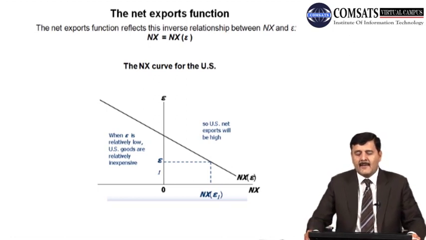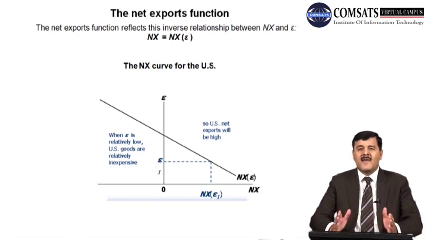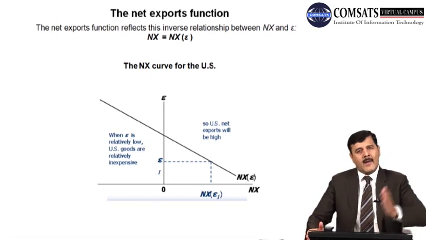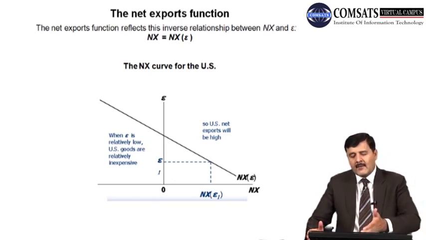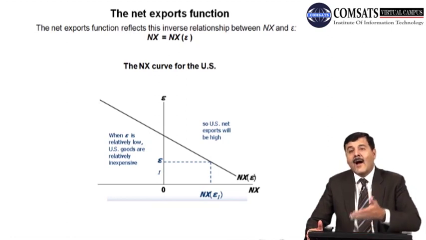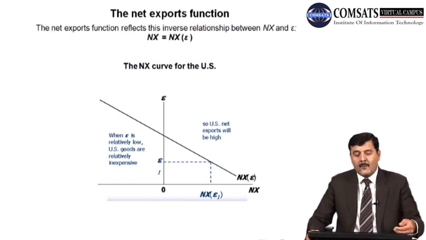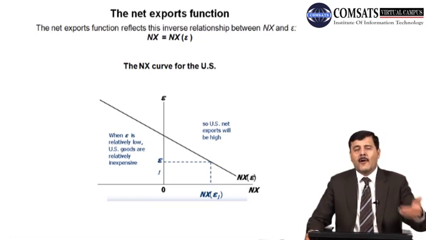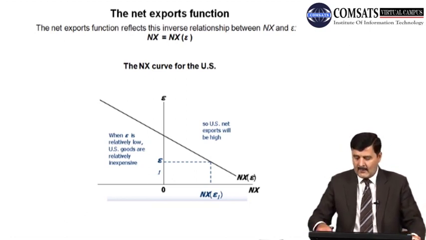In this diagram, when the real exchange rate is low, what will happen to net exports? As you can see, the diagram has two parts, a positive side, which is the right side, and a negative side. So as the real exchange rate is low, net exports are high, increasing. When E is relatively low, US goods become inexpensive or cheaper for foreigners, so exports will increase and net exports will become high.